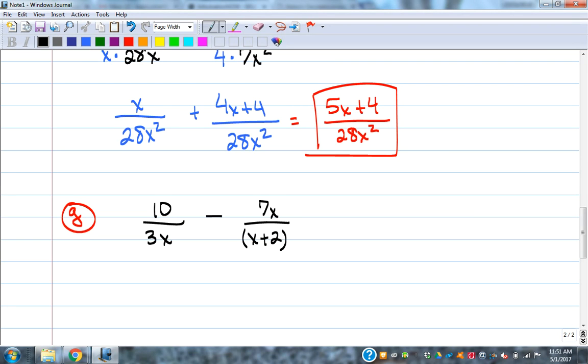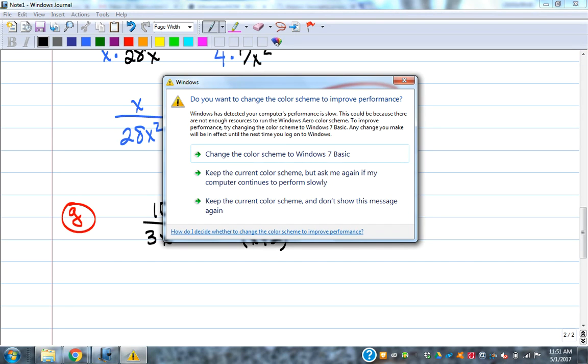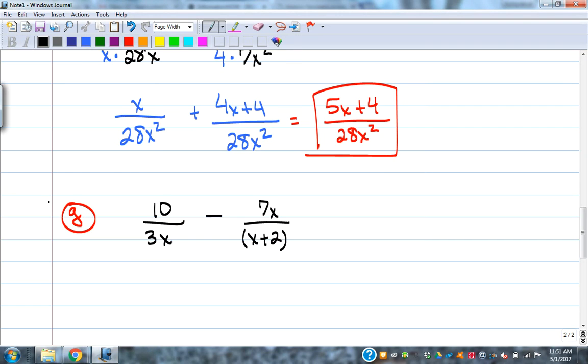Even though this one has an x, we treat it like it's a different x because it's 3 times x, not x plus 2. So it's like they're two separate things. This one, what you want to do is take 3x times this. So we multiply it by the other denominator. So if the first one gets the x plus 2, top gets that as well. And then the second one gets the 3x. Like that.